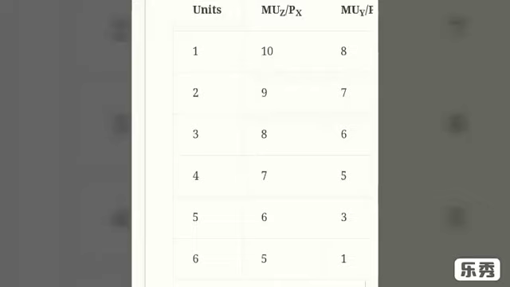So the table shows the marginal utility of commodity X and Y. Here, the more units are consumed, the marginal utility of X and Y is at a decreasing level.